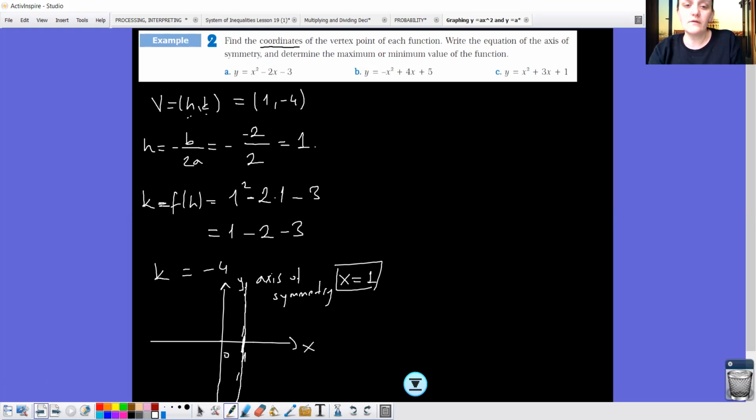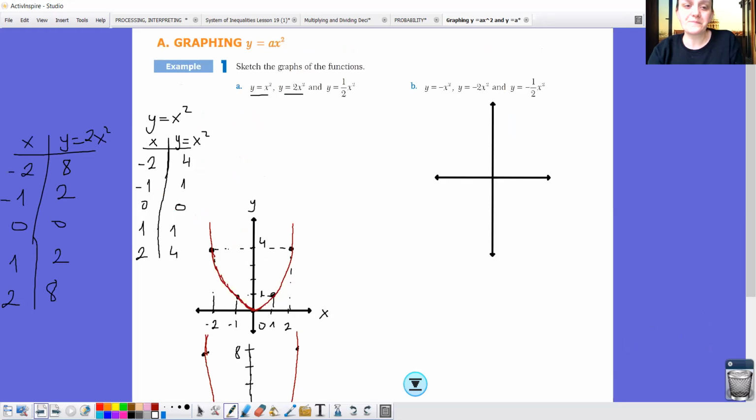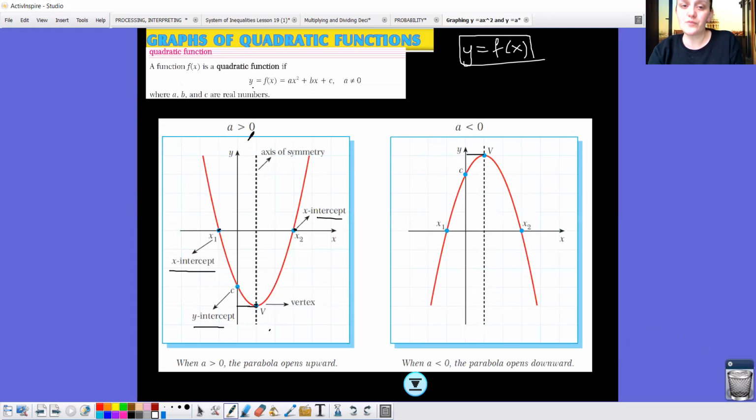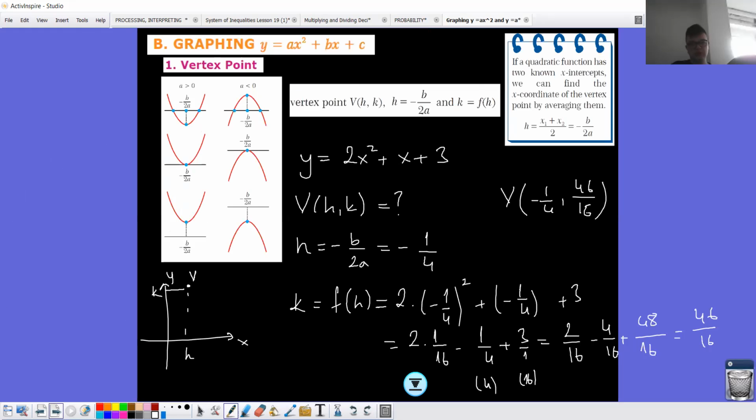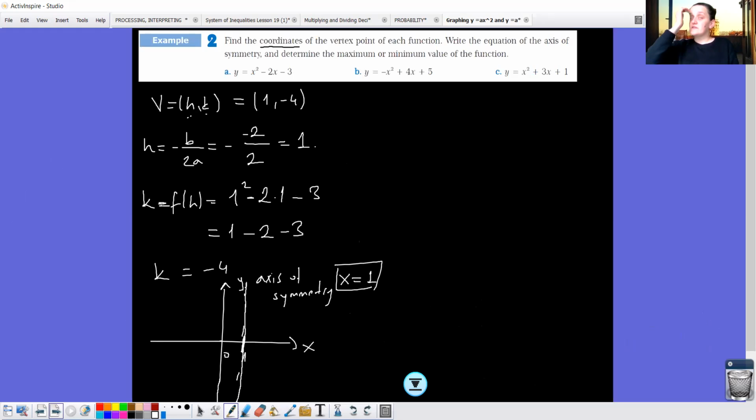What we have here are two cases: if a is positive or a is negative, a, the coefficient of x squared. So to say if the parabola is upwards or downwards, we are checking a.